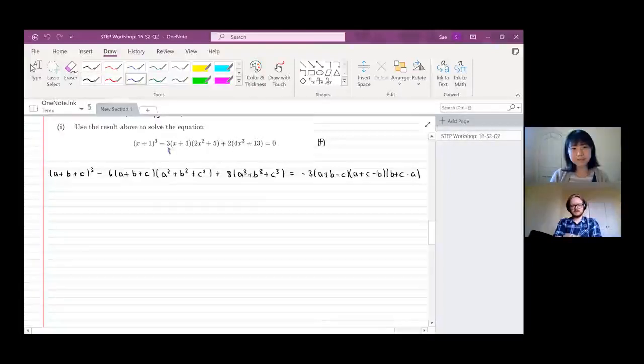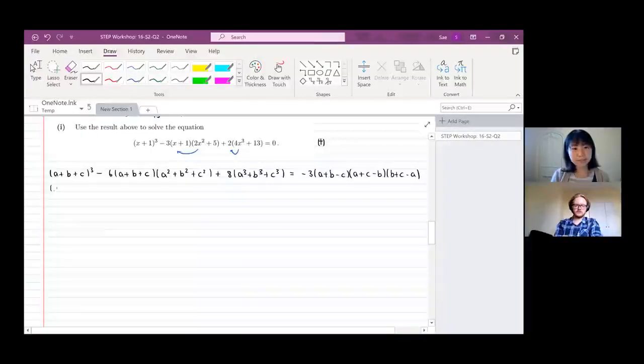So I see that this is a 3 and this is a 2. But over here, this is a 6 and this is an 8. So in order to make this thing here look like this, I am going to pull out a factor of 2 here and a factor of 4 here.